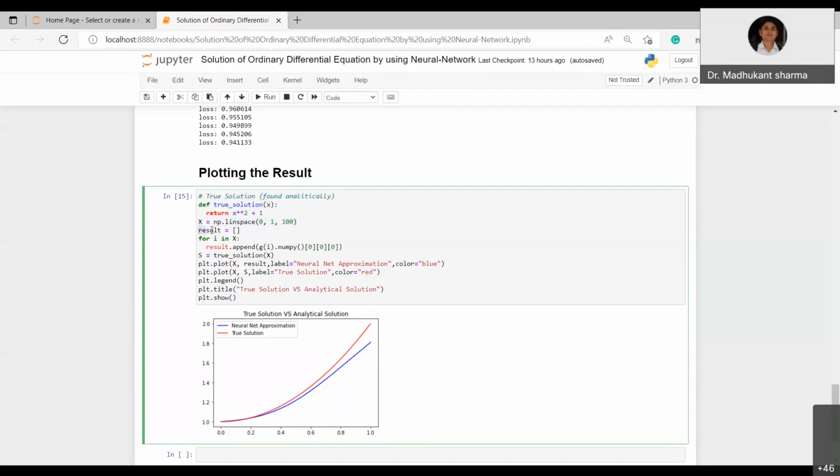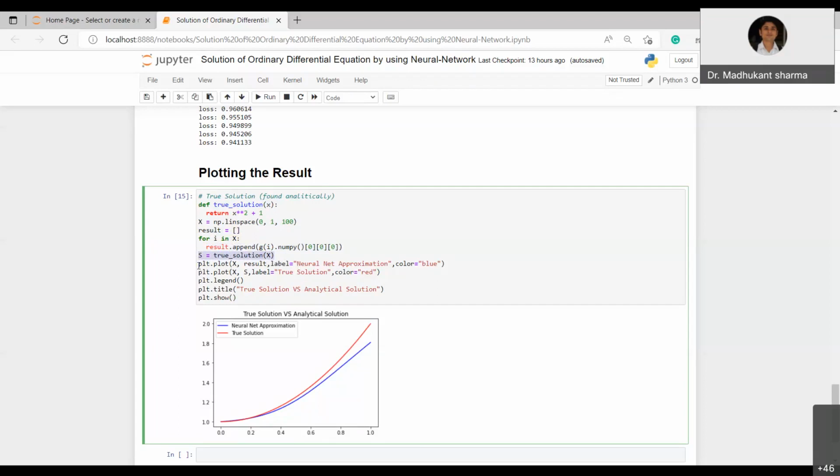This result is for our value of g at the 100 points. Again, this is g, which we want to find at these 100 points. So our result is equal to our value of g, and S is the true solution at a point x.